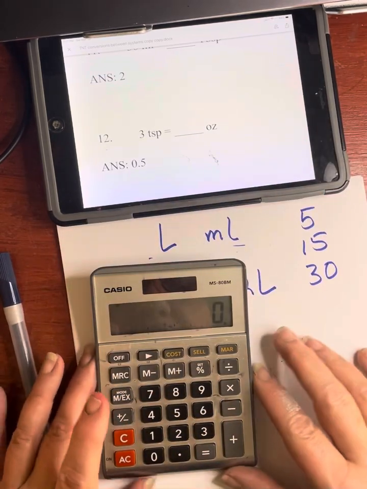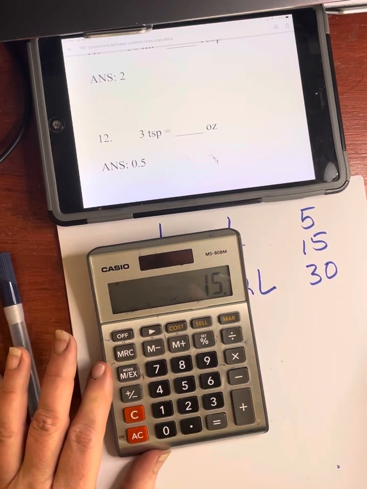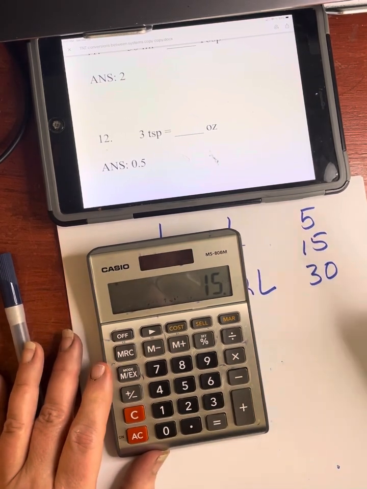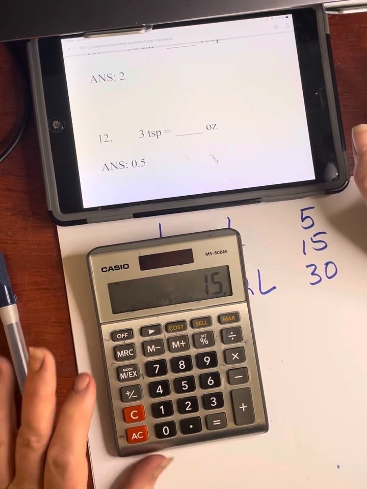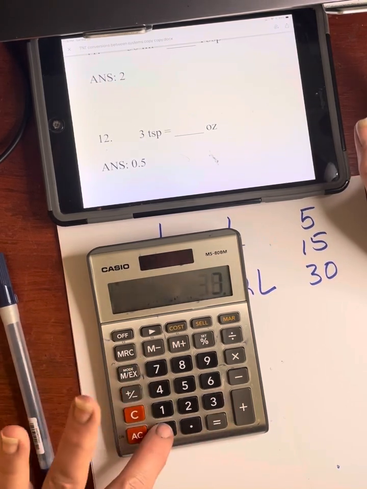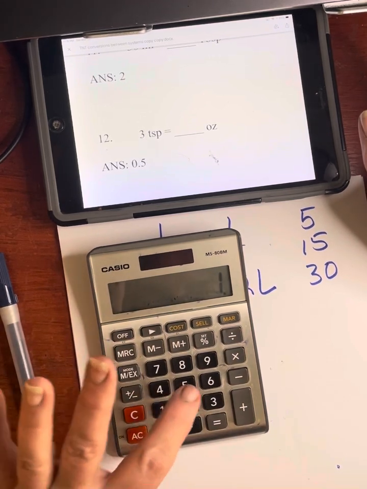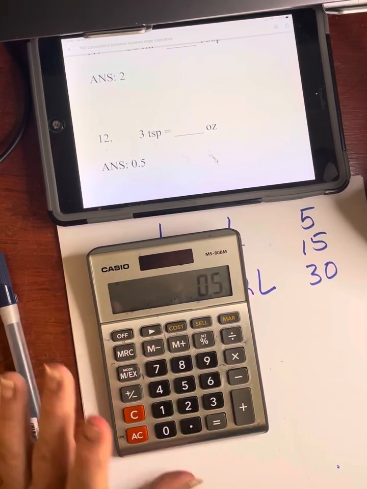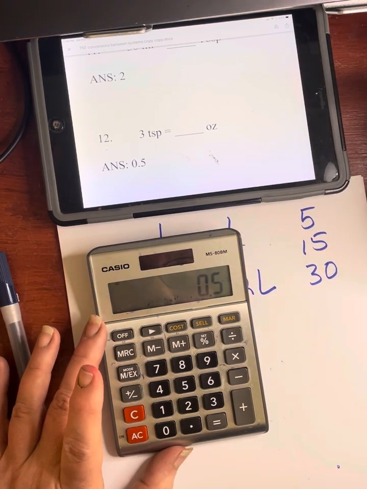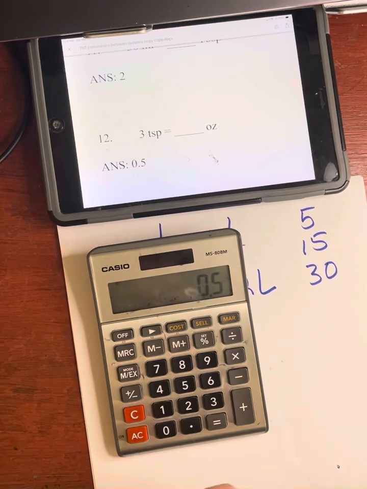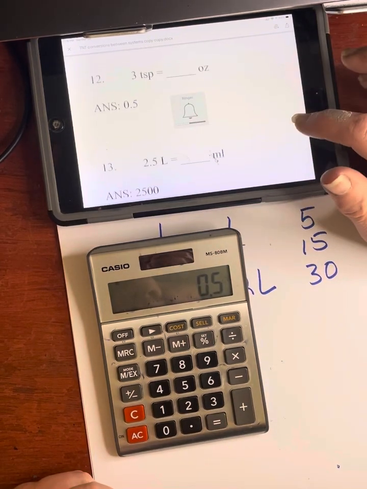We have 3 teaspoons. 3 times 5 equals 15 milliliters, but they want to know how many ounces that is. So we'll do 15 divided by 30 equals 0.5. You get that?